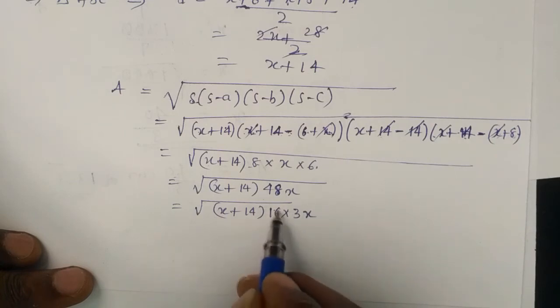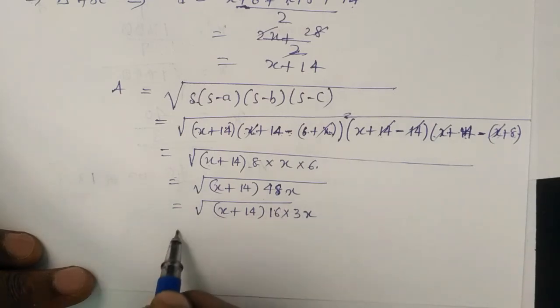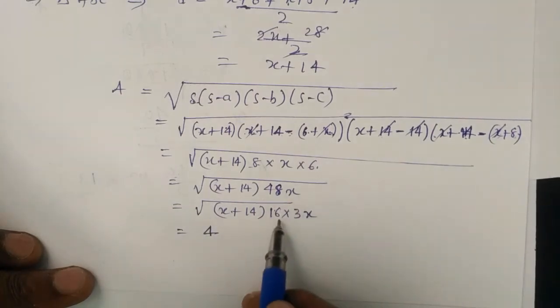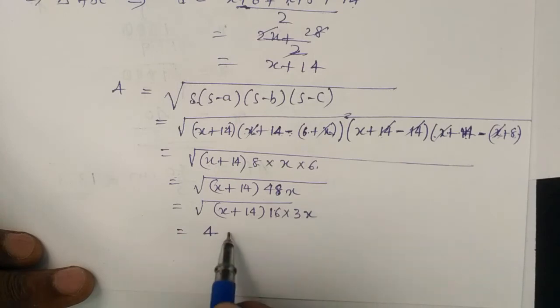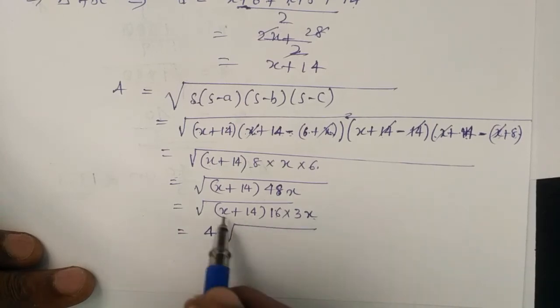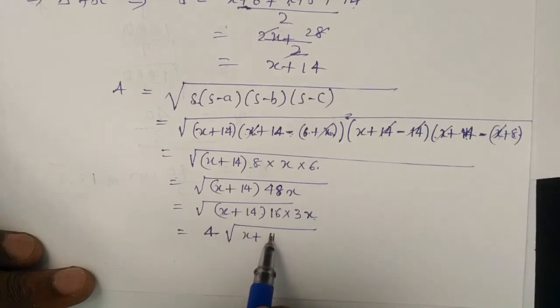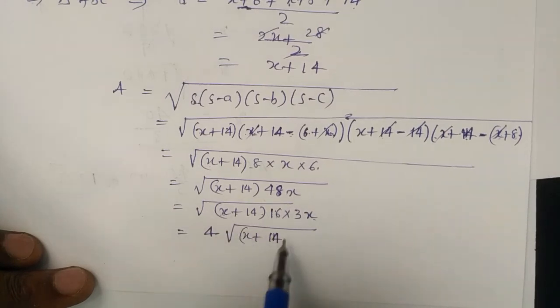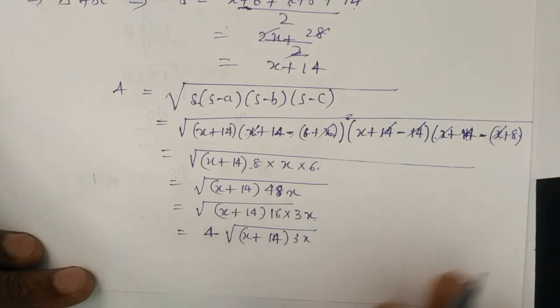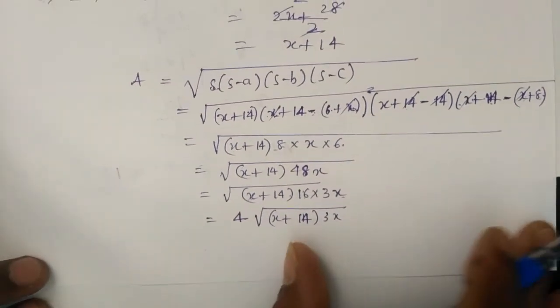What is the use of making 16 3s? This 16 we can take out of the root as 4. Now the remaining inside the root, what will we get? x plus 14 into 3x. So this is the area of the big triangle.